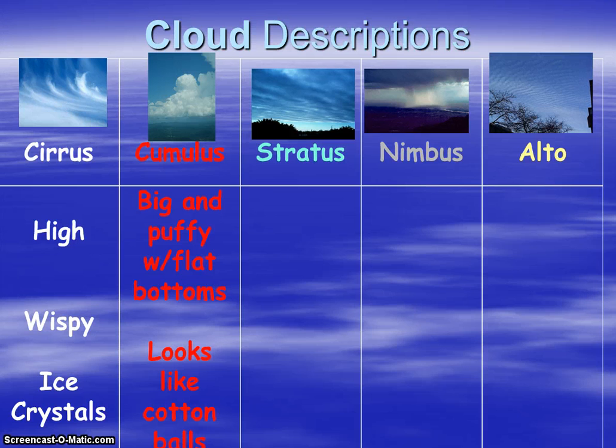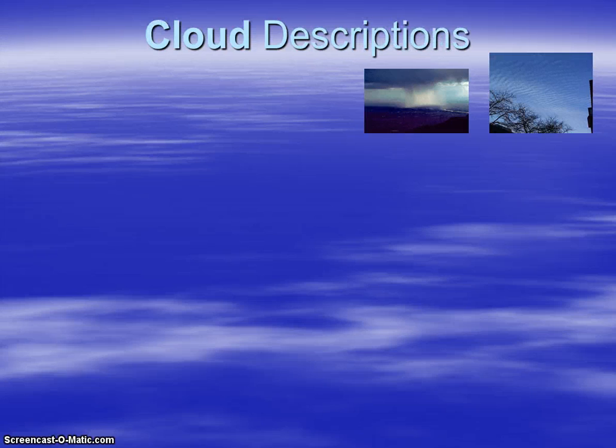And since they are high clouds, remember cirrus is the prefix that means high altitude, they're going to have ice crystals in them. So now you should have information written down in the cirrus section and in the cumulus section. And you'll notice that there are pictures up here too to help you realize what those clouds look like.